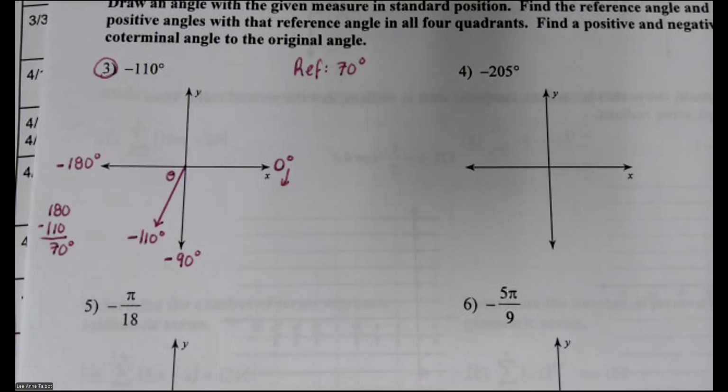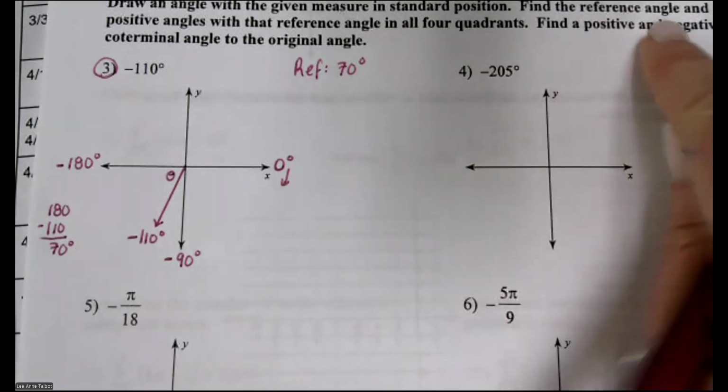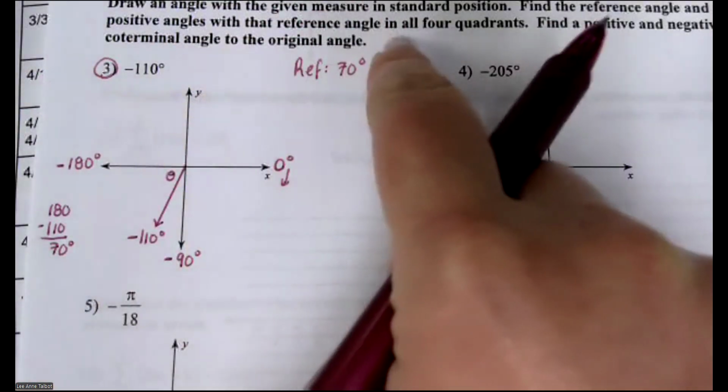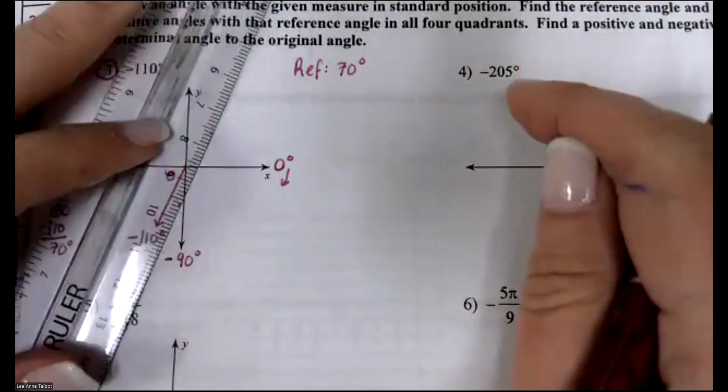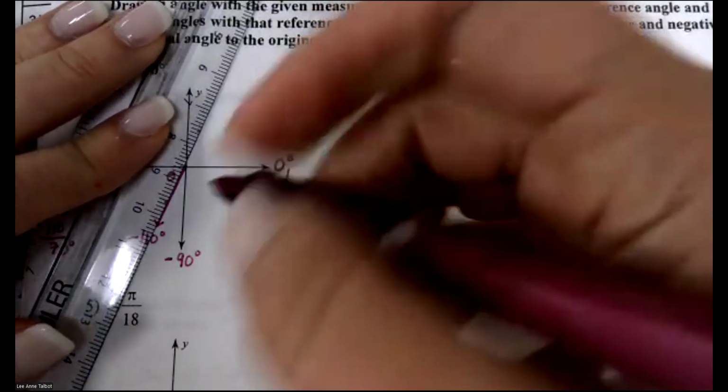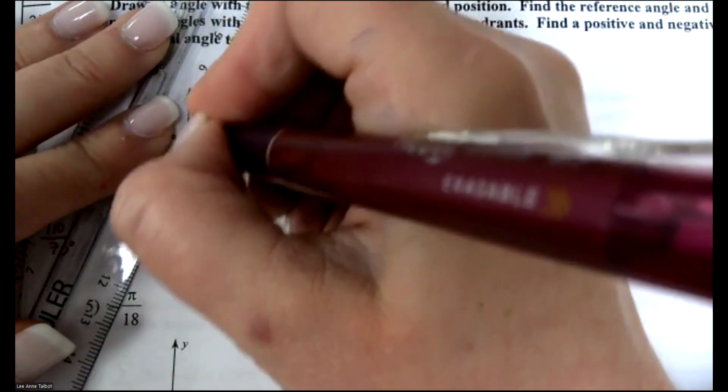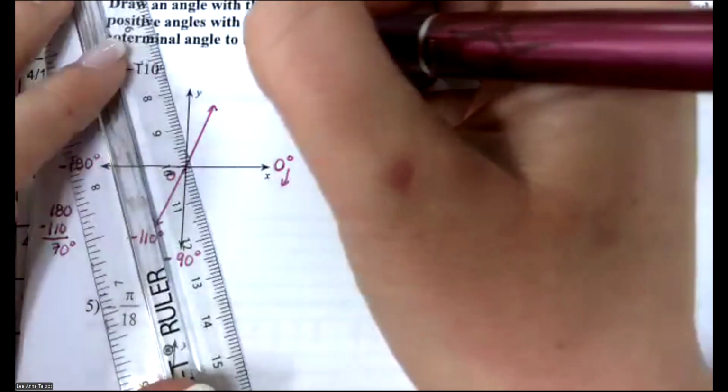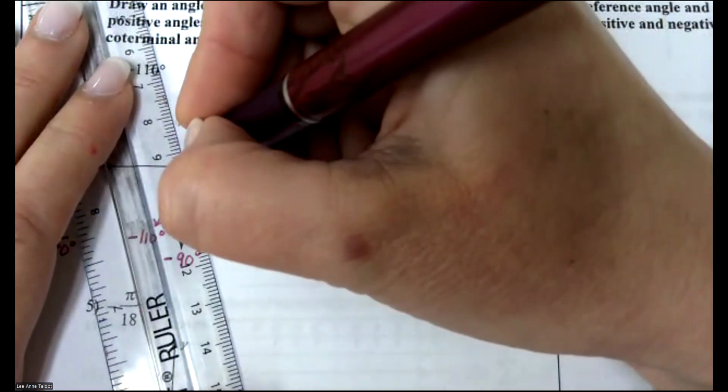Just thought about them as positions instead of direction for a moment. It makes the math so much easier. Okay, now it says find the positive angles with that reference angle in all 4 quadrants. So the easiest way to do that is to take your ruler and extend the lines out into the other quadrants.